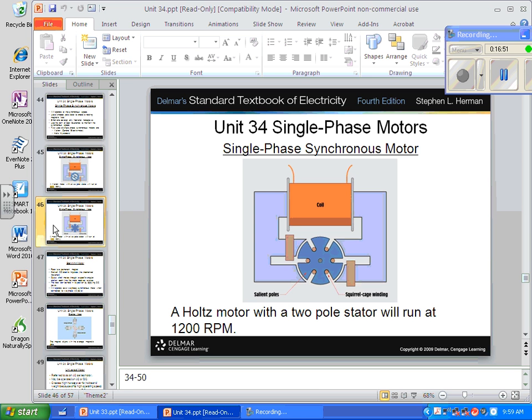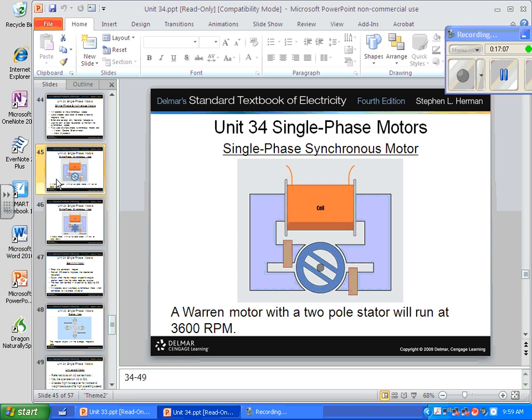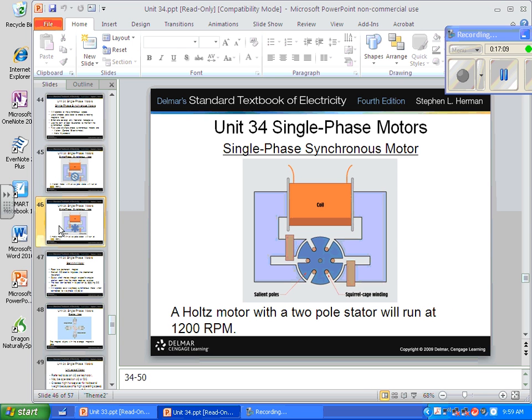But this one, and the more poles, the slower the motor turns, right? So this one, a Holtz, only turns at 1,200 RPM. Can you identify one from the other? They look a little bit different, don't they? I know this is just a drawing, but that's not a bad picture of it.